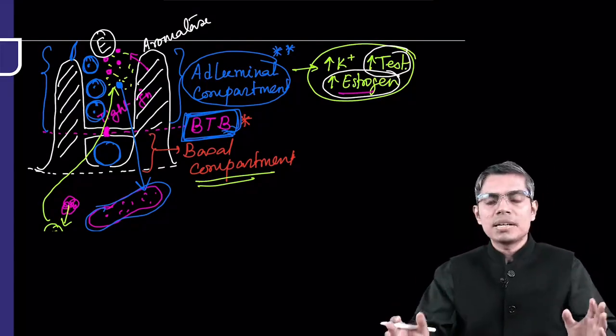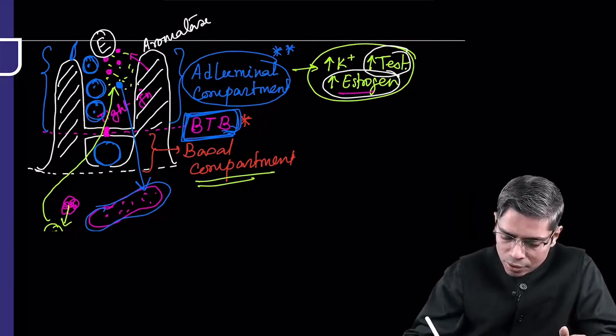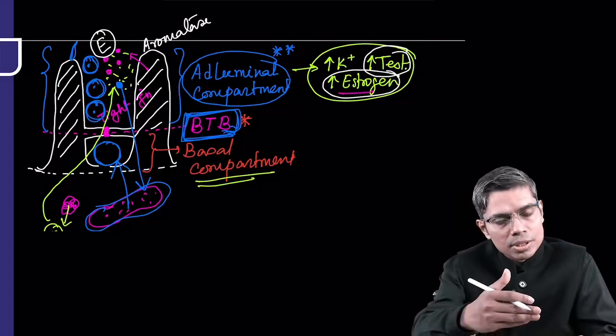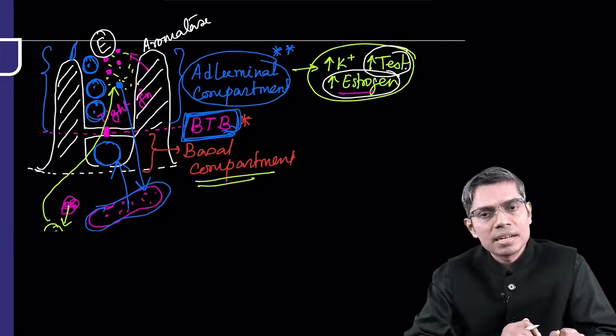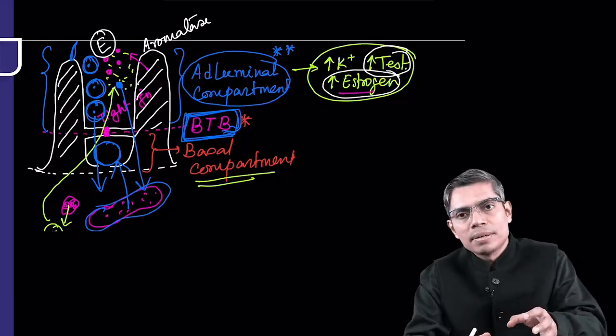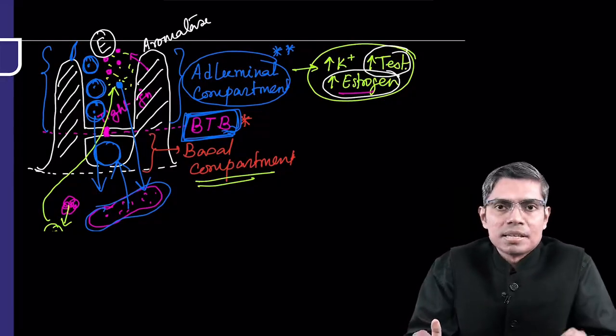So basically the blood testis barrier is acting in two ways. It is preventing any toxin from entering from the blood into the adluminal compartment, and the other way is also true. It is preventing any antigenic component from going from the adluminal compartment to the blood. So this way the blood testis barrier is very important.